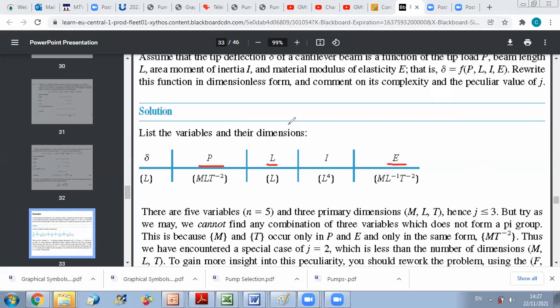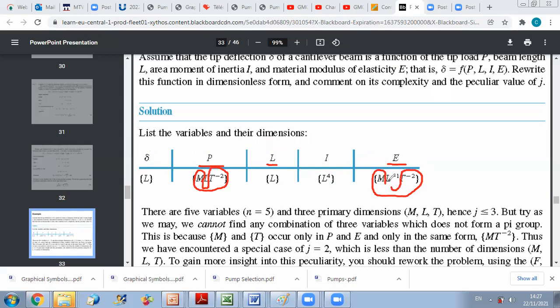Why will these 3 form a group? Because look, P contains M and T in the same way. So it's M T^-2, and this is M T^-2. So M T^-2 will cancel out.